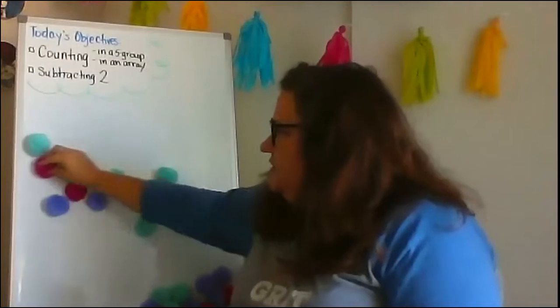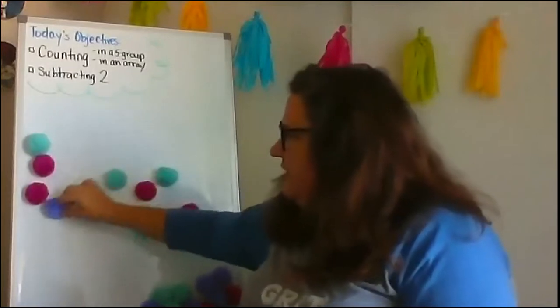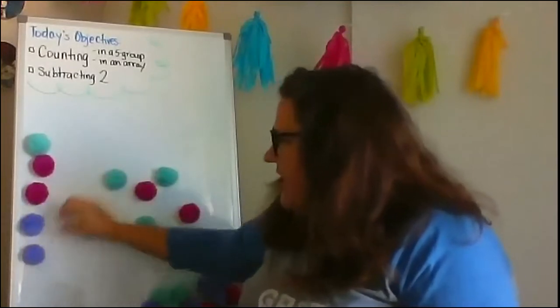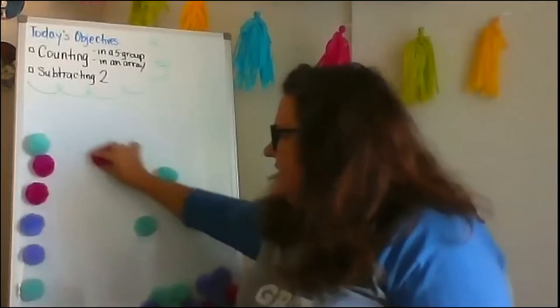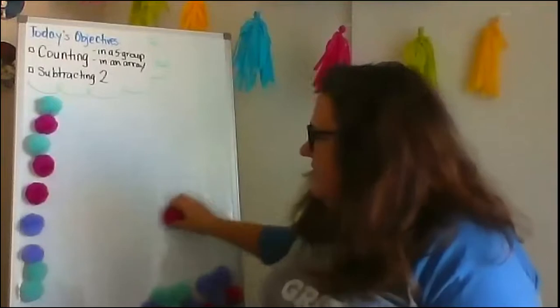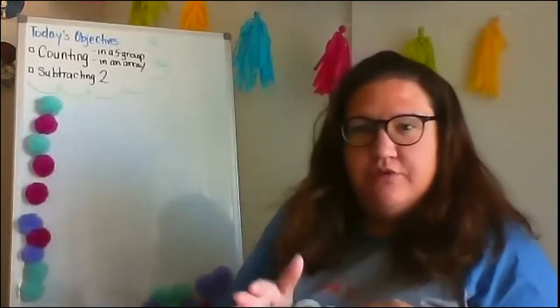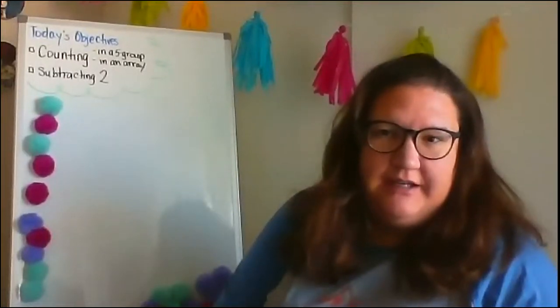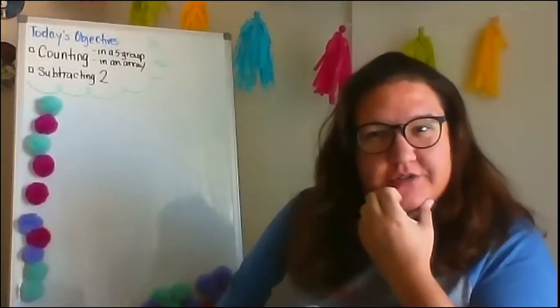Okay. Now, if you're able to move things around, you can start to go like this. 1, 2, 3, 4, 5, 6, 7, 8, 9, 10. And you can move the things away. So it just depends on how you're doing it.